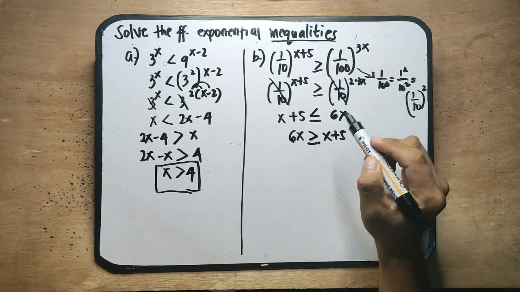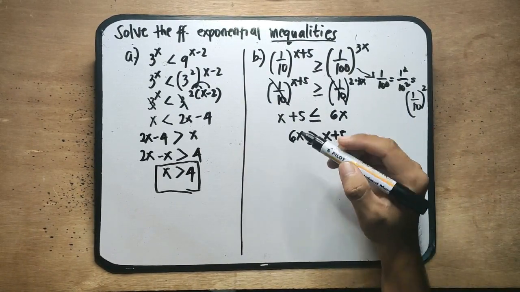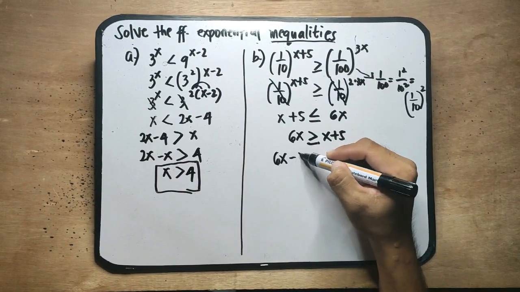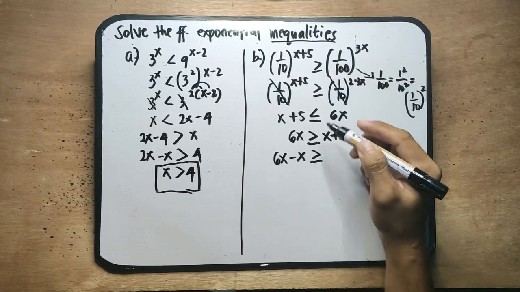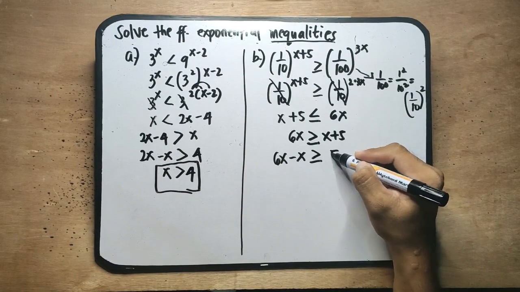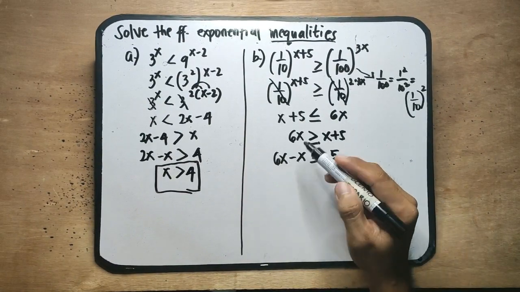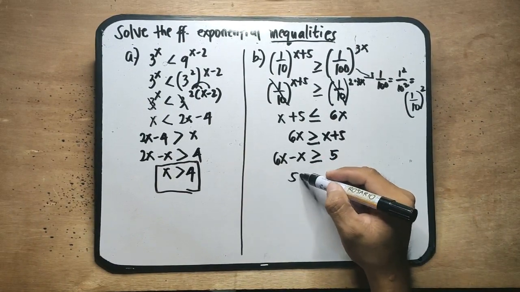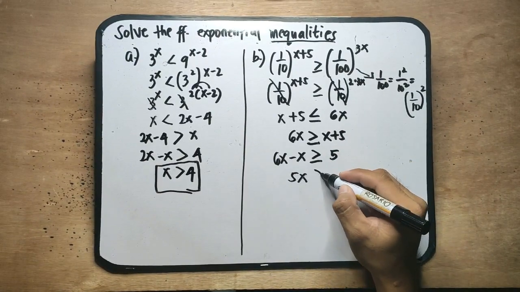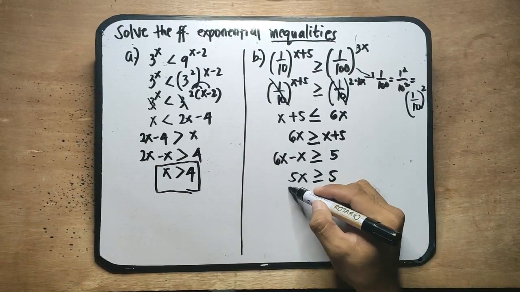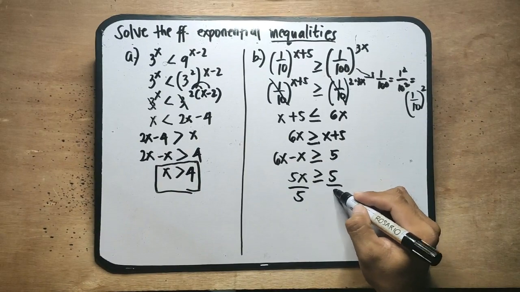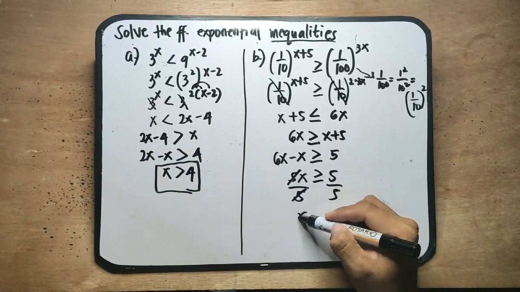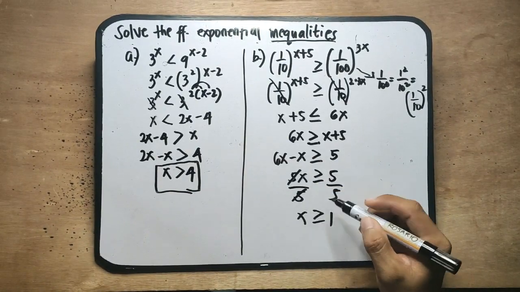So transposing x going to the left, it will become negative x greater than or equal to, so we bring down positive 5. 6 minus 1 is 5. We affix the variable x. 5x is greater than or equal to 5. Divide both sides by positive 5. So our answer will be x is greater than or equal to 1.